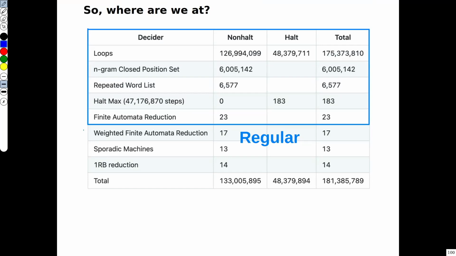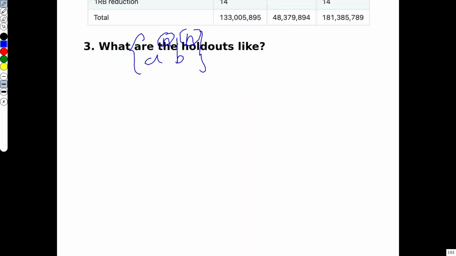And I think this is nice because it's kind of an analogy with a common example of an irregular language. Namely, you have a language like this, where the exponents here have to be the same. This is like the first example of an irregular language that you would have in an automata course.